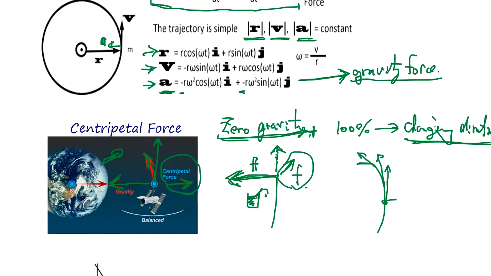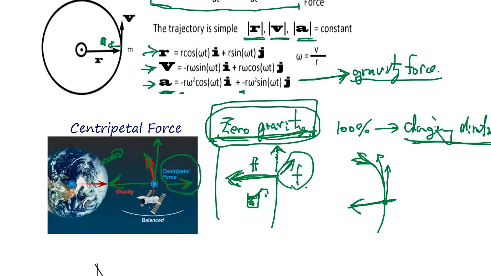Okay, and this inertia gives you the perceived feeling that it cancels out gravity and there's no gravity, zero gravity. Okay, so actually it is totally wrong to call it zero gravity. The gravity is there.